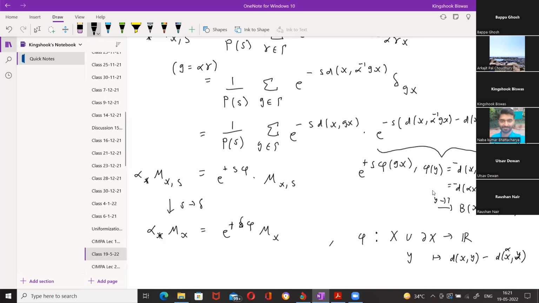This is if y is inside, and on the boundary it is b_x(alpha x, xi), right? This phi is a continuous function. Is this clear?